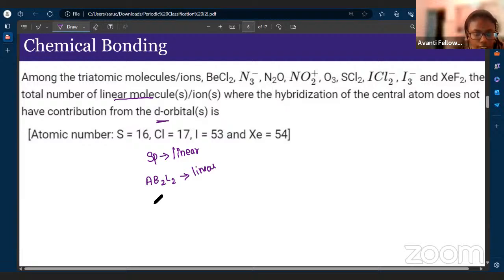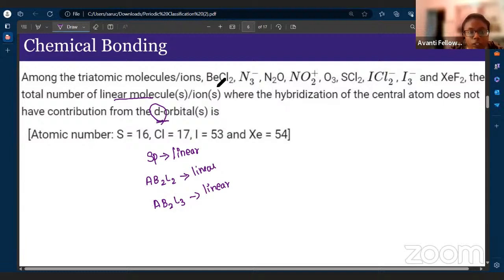And also we know that AB2L3 is also going to show the linear shape. Now the hybridization should not have the contribution of the d orbital. It should be purely of s and p.